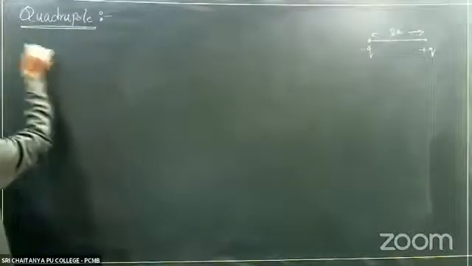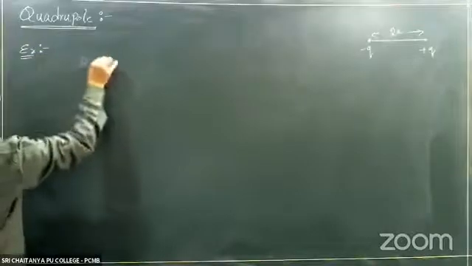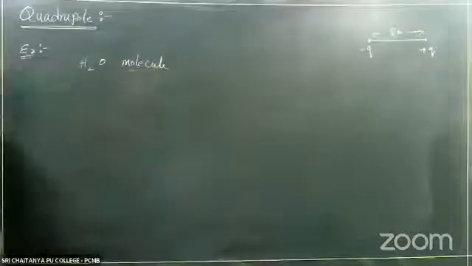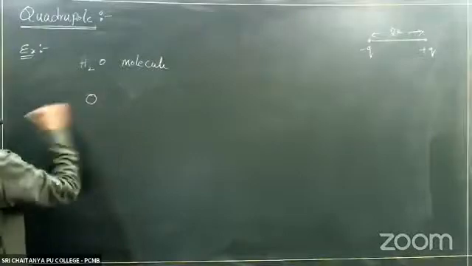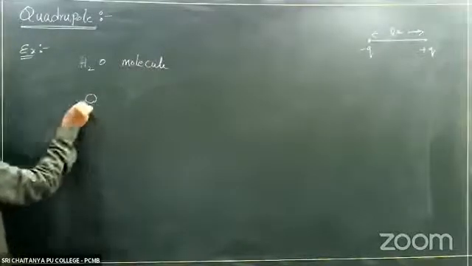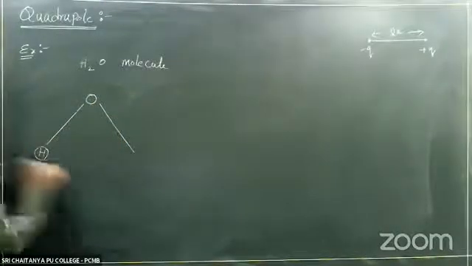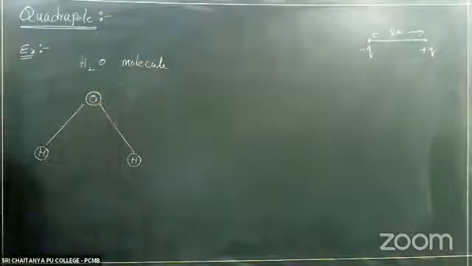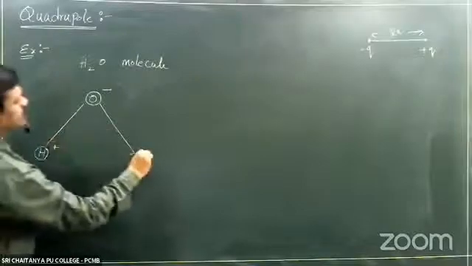Here, the charge distribution is like this. For example, if you take the H2O molecule in chemistry, we know that here is O, here is one H, and here is another H. This O is negative, these H are positive.